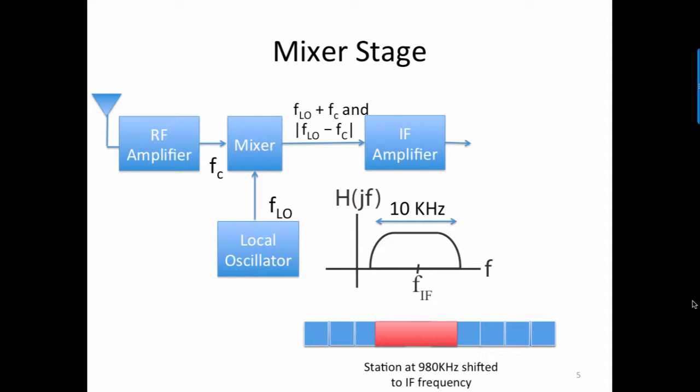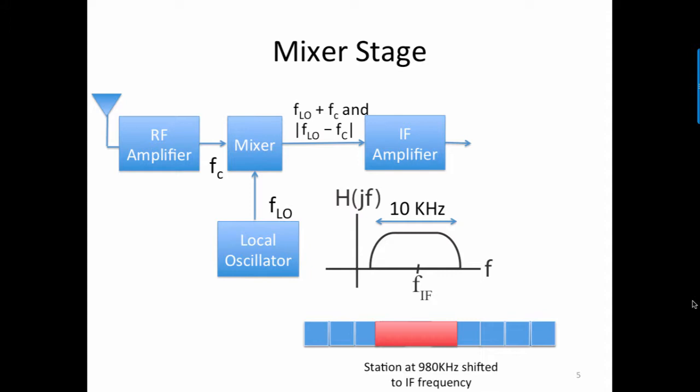The IF amplifier is the component of the receiver that provides selectivity to the receiver. It will only pass the single channel at FIF, or the IF frequency. This is the station that we are trying to receive.